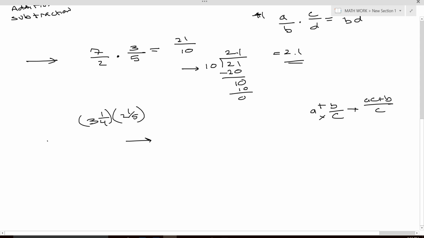So I multiplied A times C, and then I added B over C. That's what I'm going to do for each of these. So for every improper fraction, you're going to respond promptly by using this.